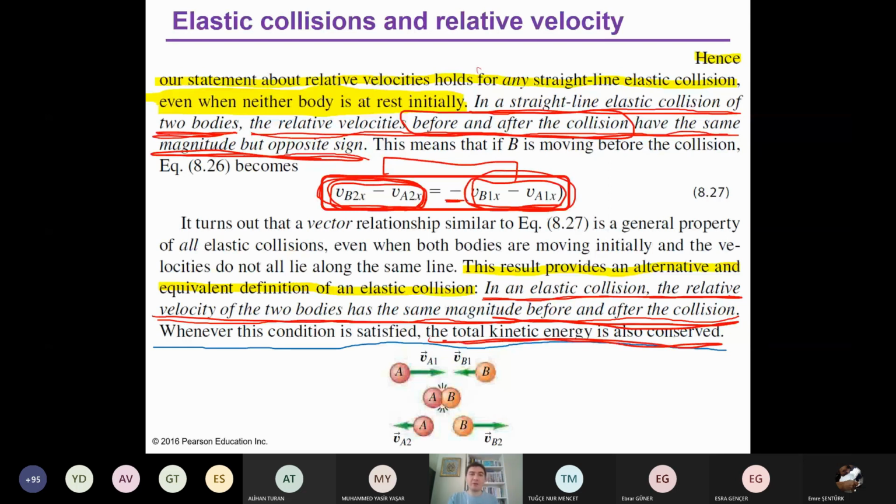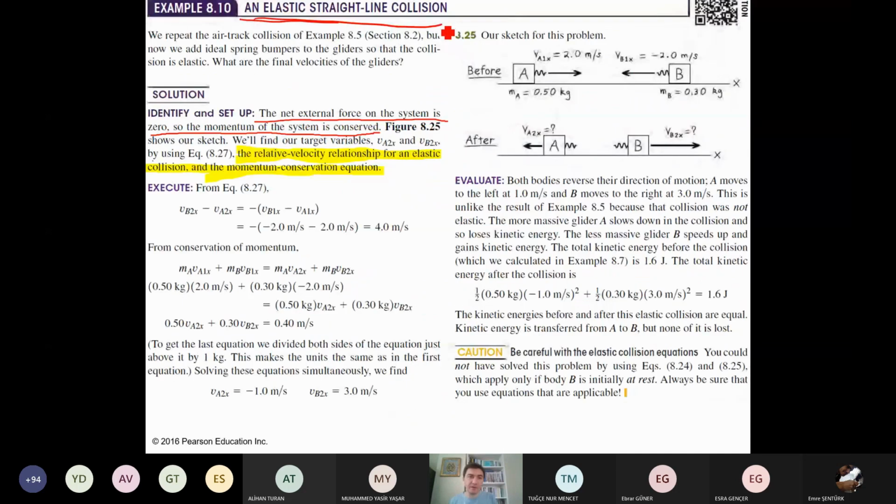So now let me continue with this example from the book, example 8.10, an elastic straight line collision. Actually, we have discussed this example in example 8.5 in the previous lecture. What we have here, we have two masses. This is the A box and this is the B box.